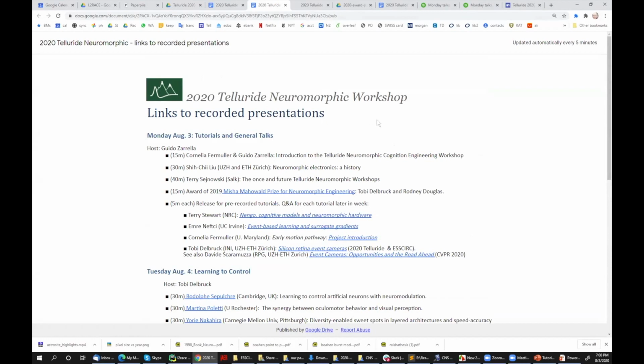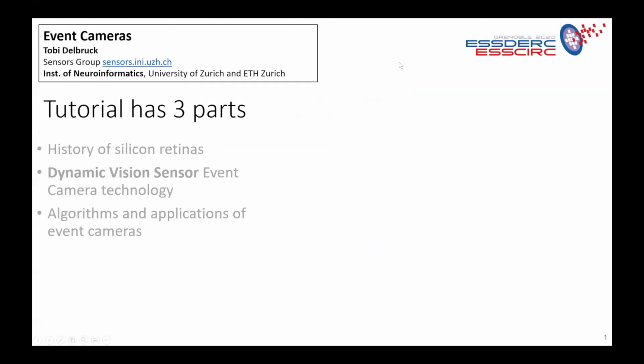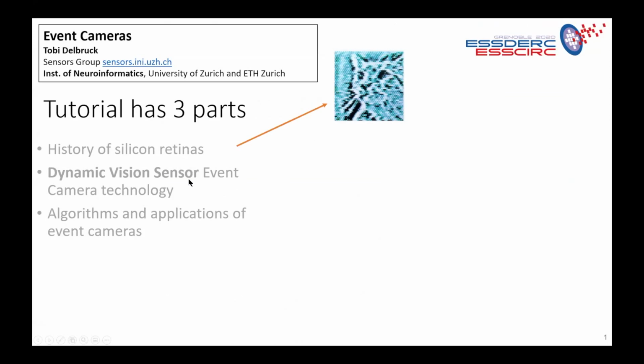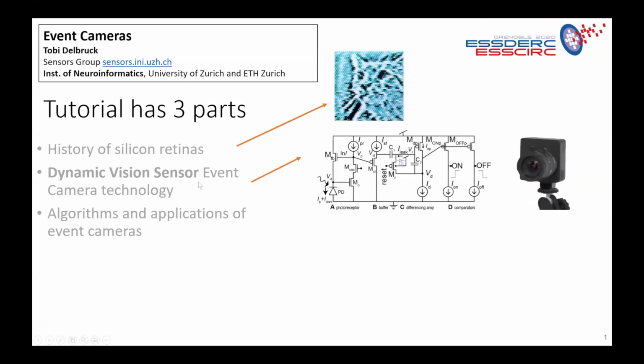My tutorial is not directly related to any of the challenges, but it is about event cameras. This is something I'm also preparing for ESSCIRC, the European Solid-State Circuits Conference. It's quite a technical tutorial, but it has three parts. The first part is lightweight: a history of silicon retinas. You have heard something about that before, including Misha's retina, Silicon Sees a Cat. The second part is about dynamic vision sensor event camera technology.